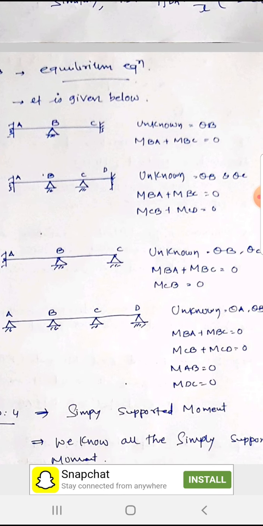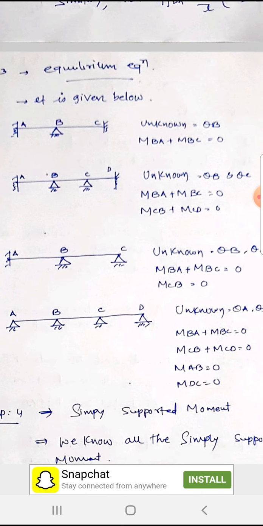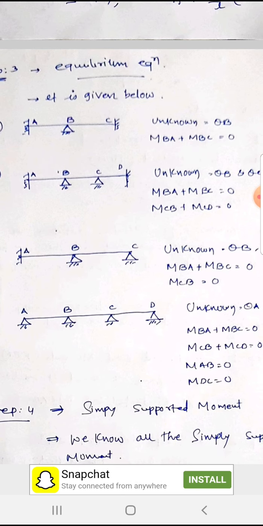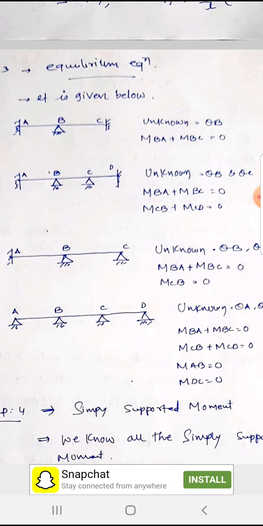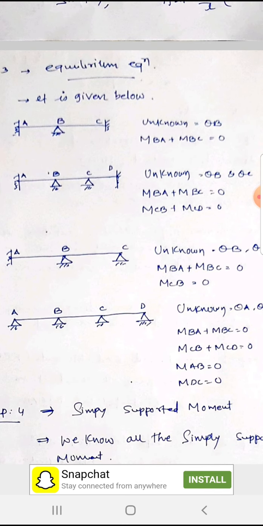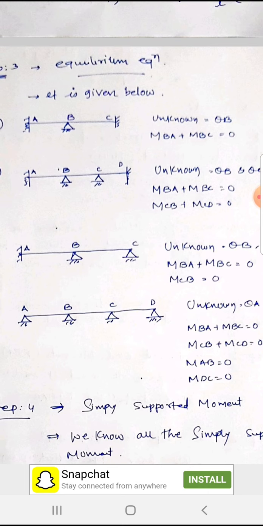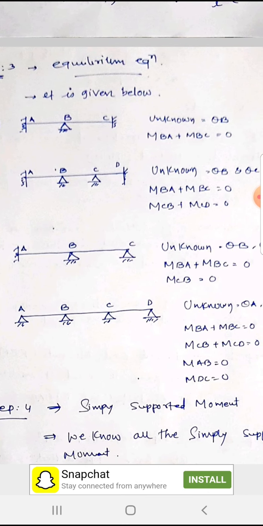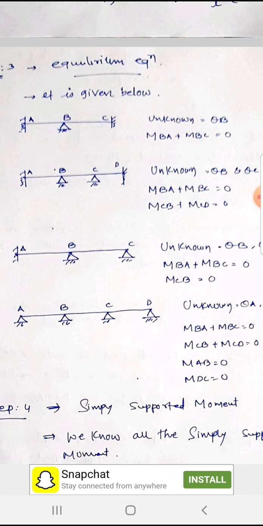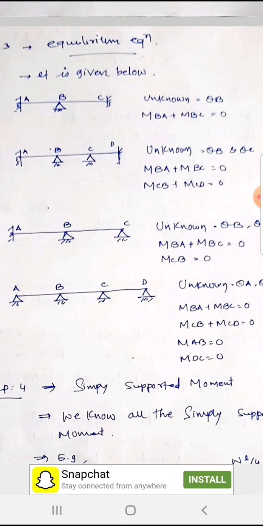But the unknowns are theta B and theta C. For finding these two unknowns, we consider two equilibrium equations, that is moment from B to A plus moment from B to C is equal to 0, and the second joint, that is moment from C to B plus moment from C to D is equal to 0.